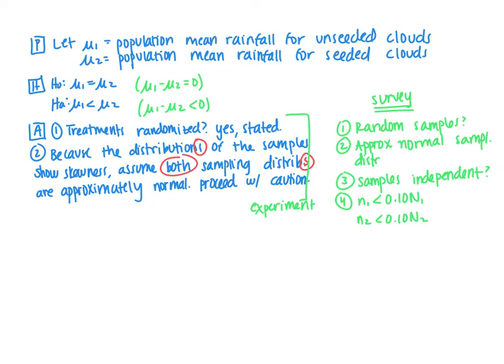So every assumption that you're checking for both samples. So it's a little bit like there's double work. So this one I think is a little bit tougher because the assumptions change a little bit depending on if you have an experiment versus a survey or an observational study.